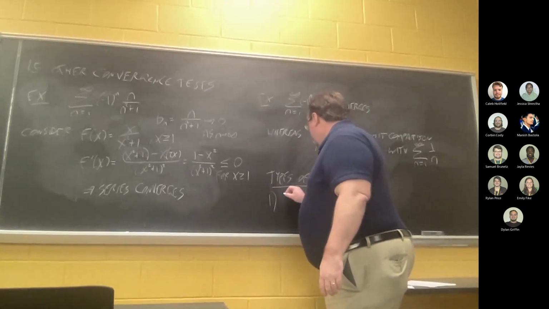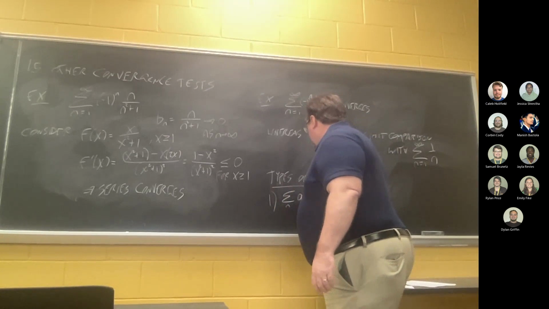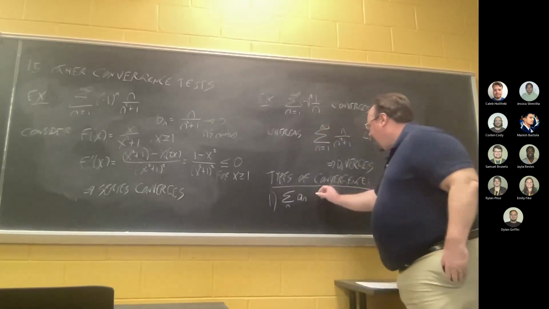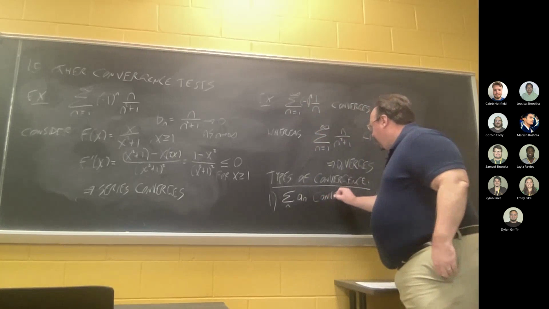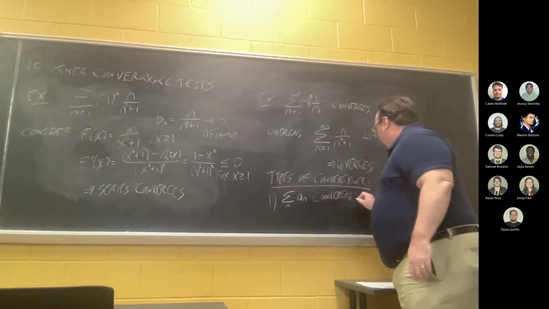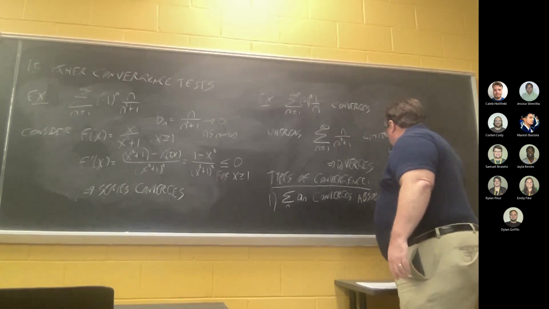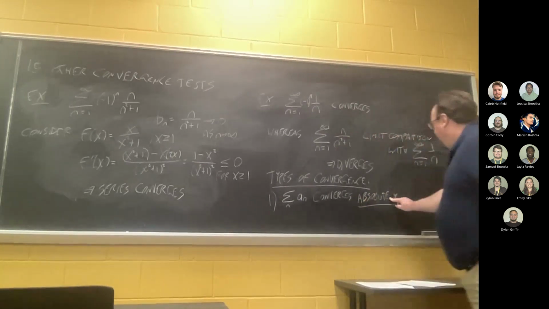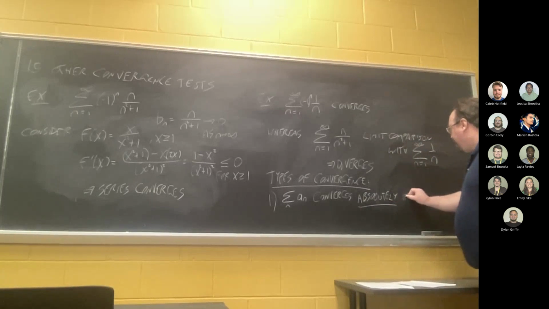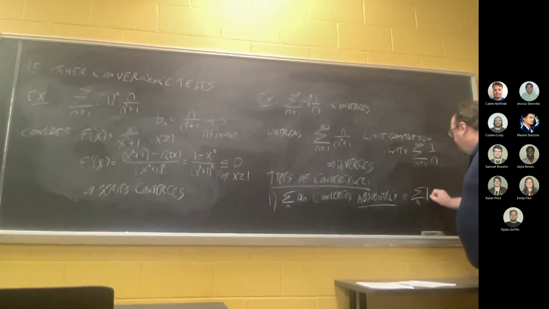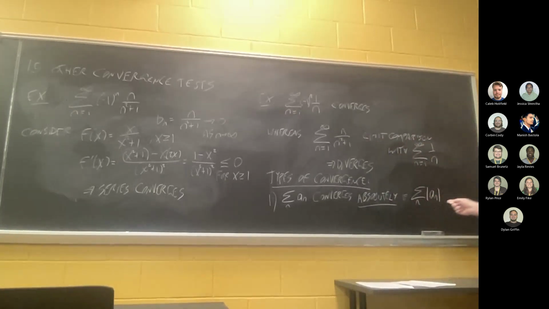So a given series, a_n, is said to converge absolutely if the series that you get by taking the absolute value of all the terms converges.